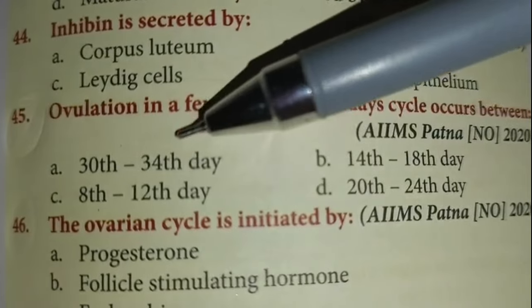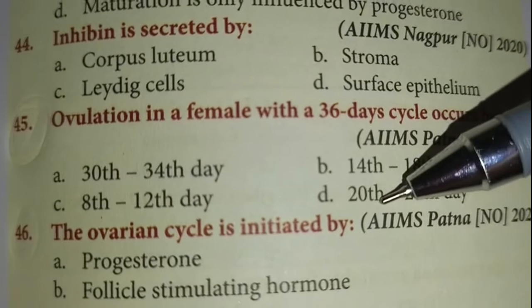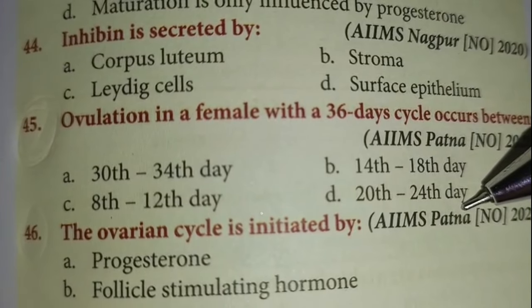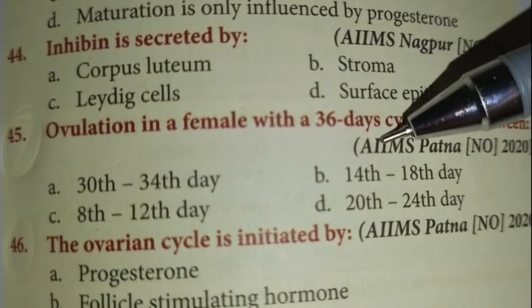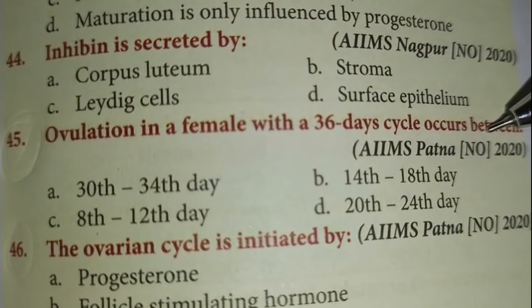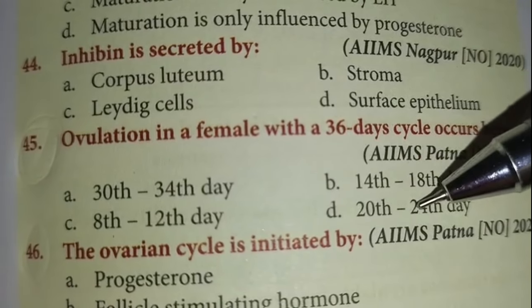And the correct answer is option D, 20 to 24 day. Ovulation in a female with a 36-day cycle occurs between 20 to 24 day.